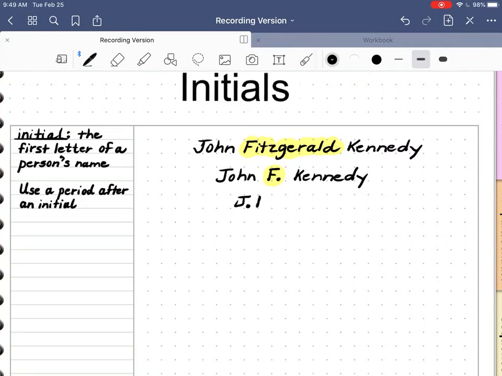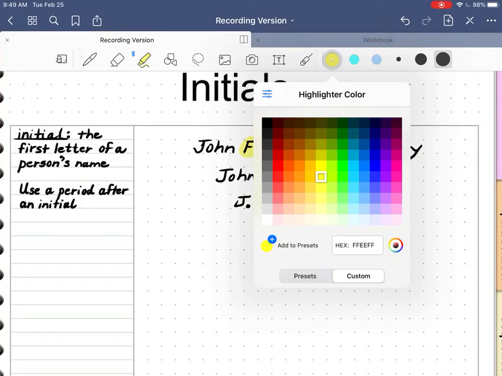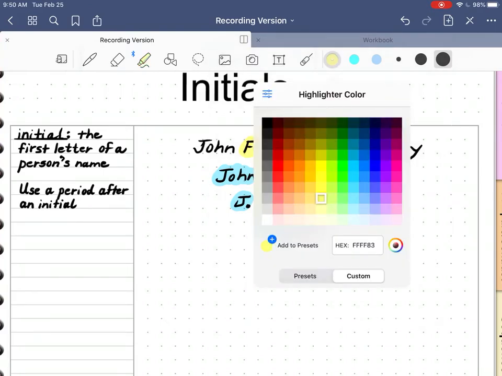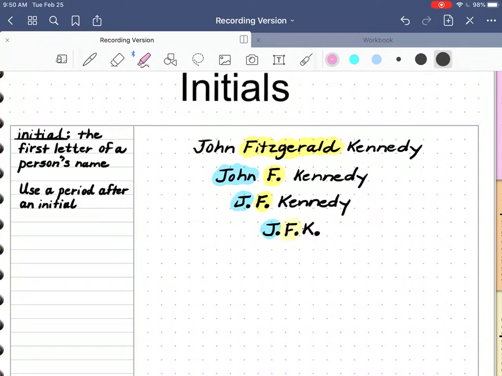You could say J. F. Kennedy, where you are not only abbreviating the F, but you are also abbreviating the John down to J. You could even say J. F. K, where you are abbreviating the John, the Fitzgerald, and the Kennedy. So those are called initials.